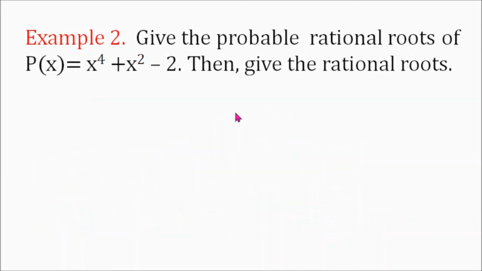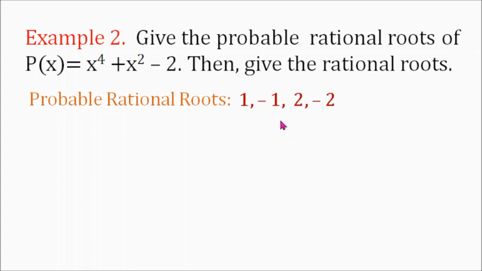Now let's do another example. Give the probable rational roots of p of x equals x to the power 4 plus x squared minus 2, then give the rational roots. Now, probable rational roots, we are going to get the factors of negative 2, that will be our numerator, and of course our denominator will just be 1, the factors of 1, because the coefficient here is just 1.